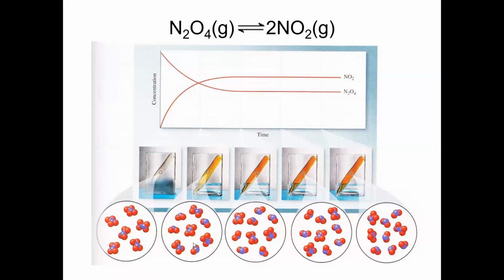In the picture in the middle, you have even more nitrogen dioxide, but there's still some dinitrogen tetroxide. It is an even browner color because it produced more from the second picture to the third. Now, if you compare the third picture to the fourth and the fifth, they look the same, because that's where the line has leveled out. We have reached equilibrium. So even though the reaction is still occurring, the amounts of our reactants and products stay the same as the reaction continues.